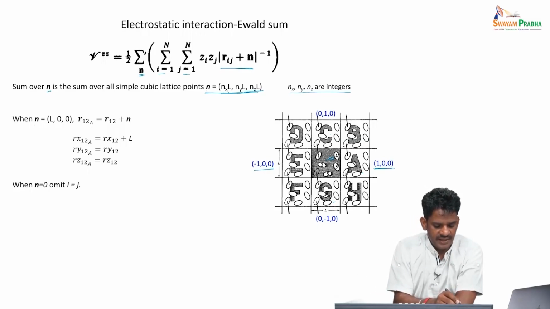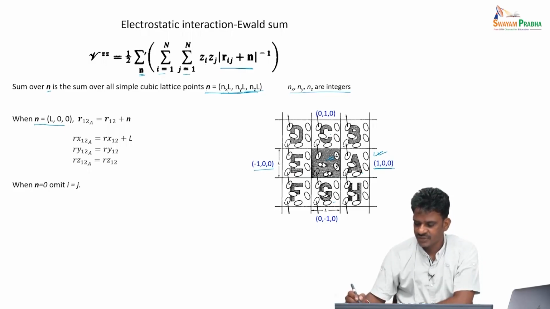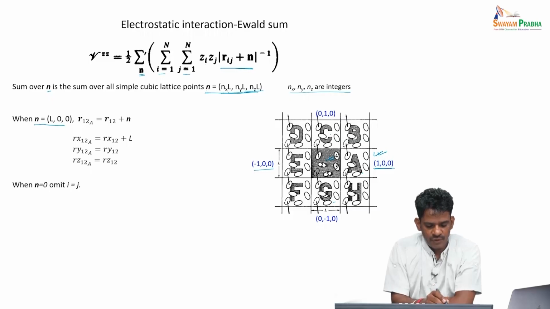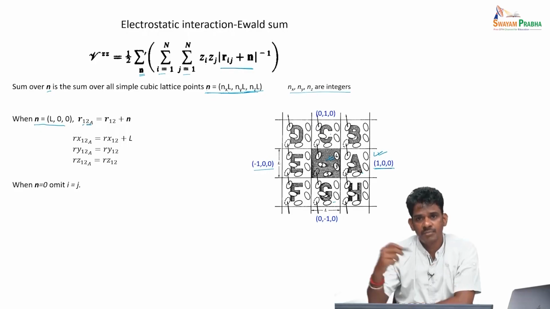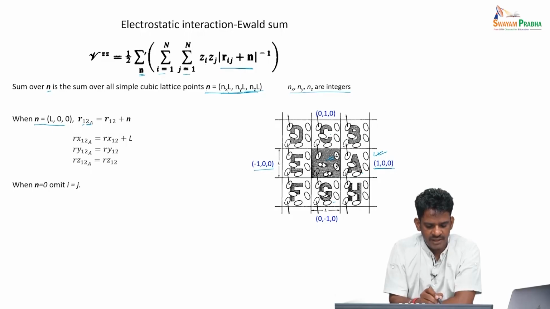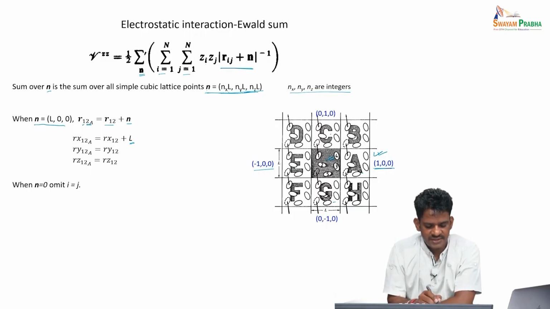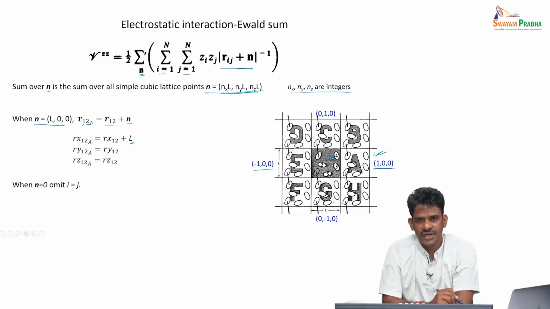Suppose I take n to be L, 0, 0, that means I am talking about the simulation box A. So if you want to calculate the distance between ion 1 and ion 2 in the periodic box A, we say R12 A, and that is given by this expression, R12 plus n, where n is basically adding only to the x component a factor of the box length L, whereas the y component and z component do not change.